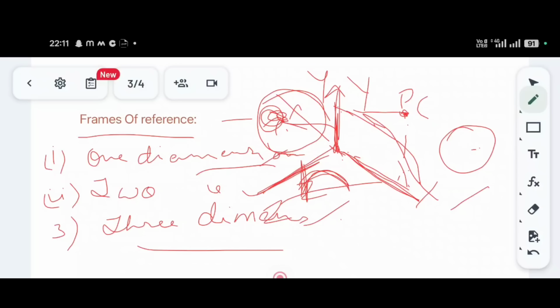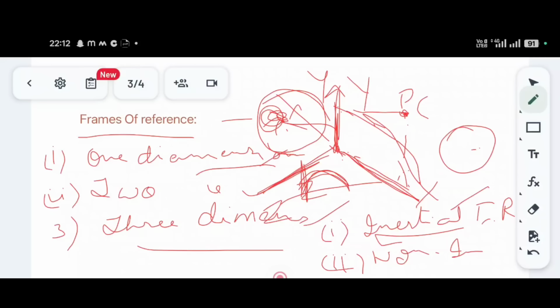Another type of frame of reference: inertial frame of reference and non-inertial frame of reference. Inertial frame of reference is a reference which is stationary or static.